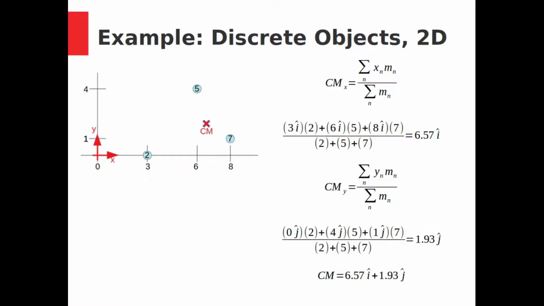When we do the calculation in the x direction, we get the x-coordinate of the center of mass, 6.57 i-hat. When we do it in the y direction, we get the y-coordinate of the center of mass, 1.93 j-hat. So the location of the center of mass is 6.57 i-hat plus 1.93 j-hat.